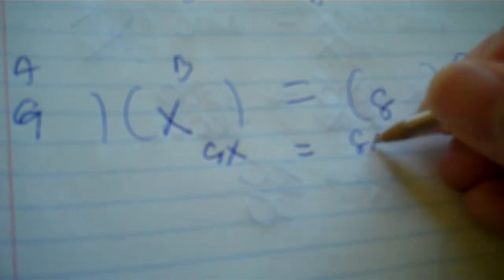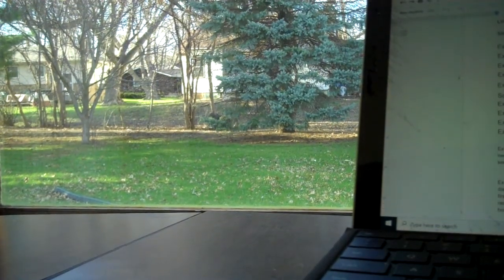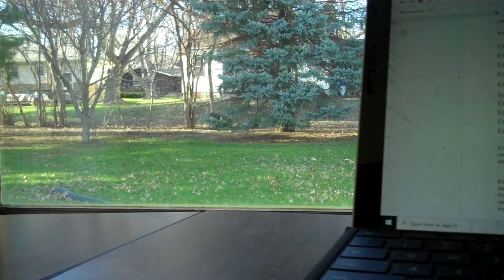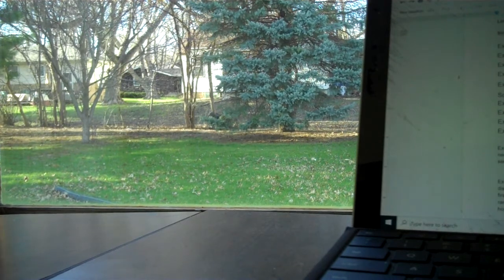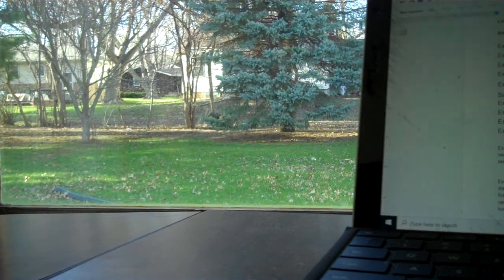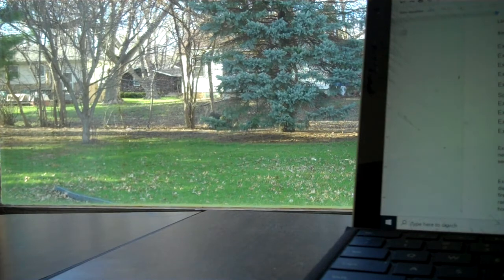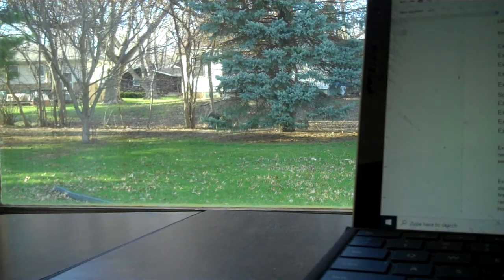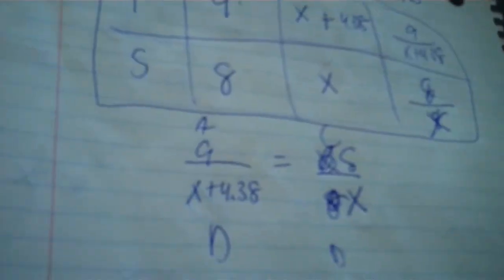So on one side we're going to have 9x, the other side we got 8x, and I got to get my calculator. Okay, 8 times 4.38 is 35.04.